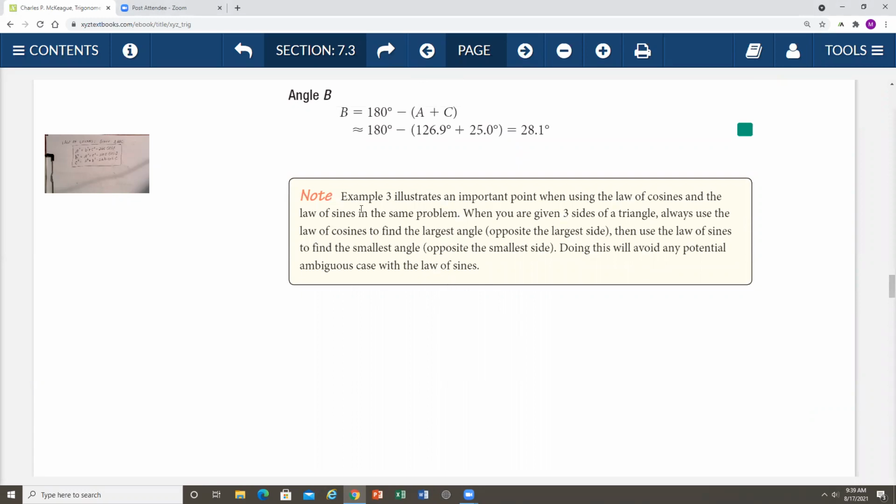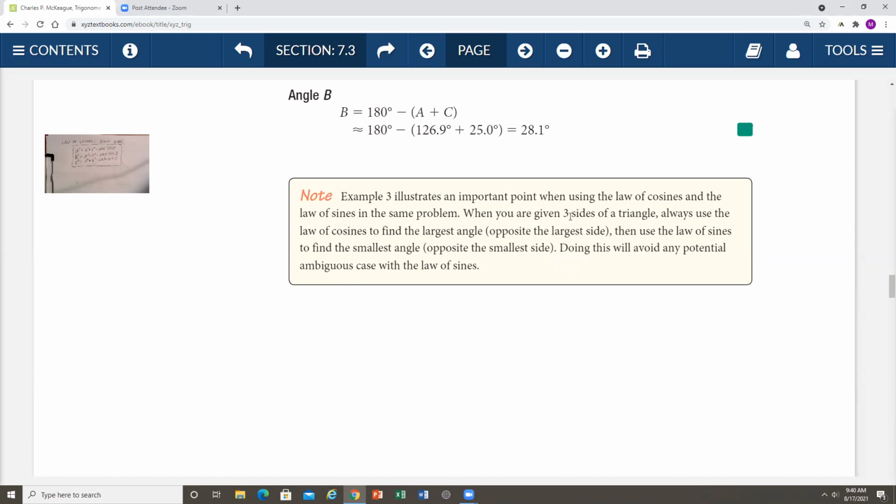Here's an interesting note, ladies and gentlemen, in passing, involving the law of sines and cosines. When you are given three sides of a triangle, in other words, if we just know the three sides of a triangle, we don't know any of the angles. You want to remember this. You want to always use the law of cosines to find the largest angle opposite the largest side.